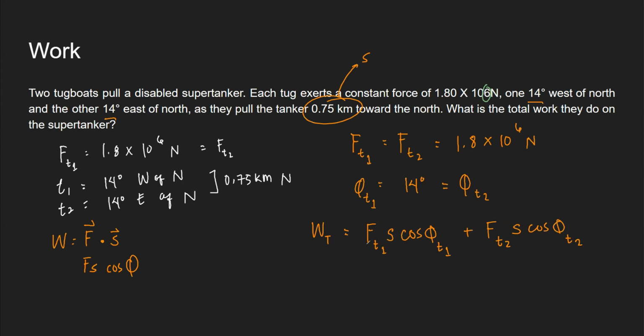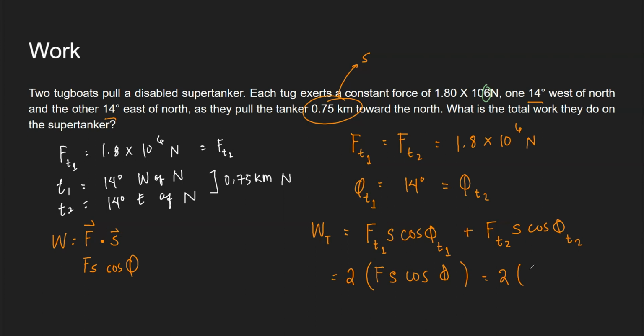Since we have the same F_T1, F_T2, and the same cosine, we just have 2 F s cosine phi, which gives us the freedom to just multiply everything by 2.